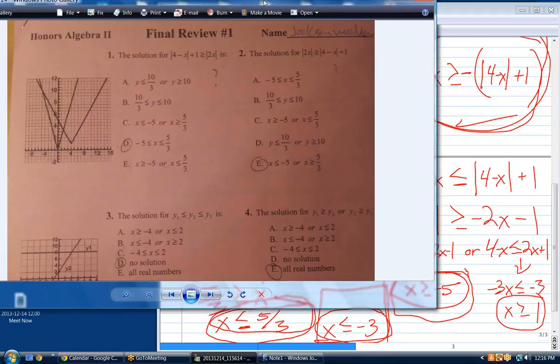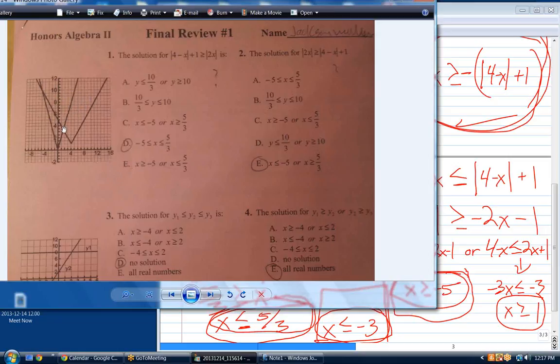Now, notice that we could solve this graphically. This is the 2x, this is the 4 minus x plus 1.